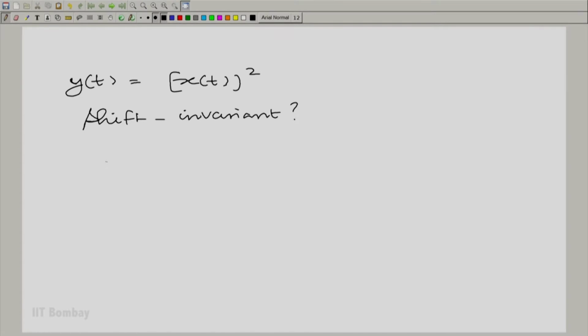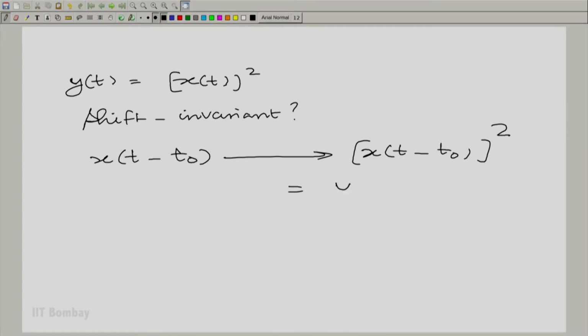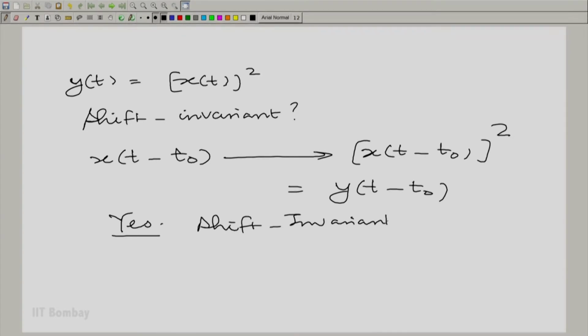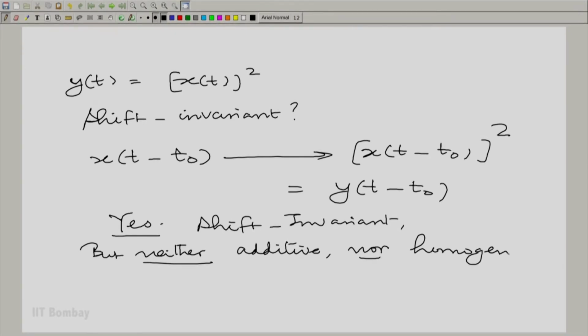And of course, we reason that if x of t minus t0 is given to the system, what comes out is x of t minus t0 the whole squared, which is indeed equal to y of t minus t0. So, the system is indeed shift invariant. And you now summarize, this system is shift invariant, but neither additive nor homogeneous.